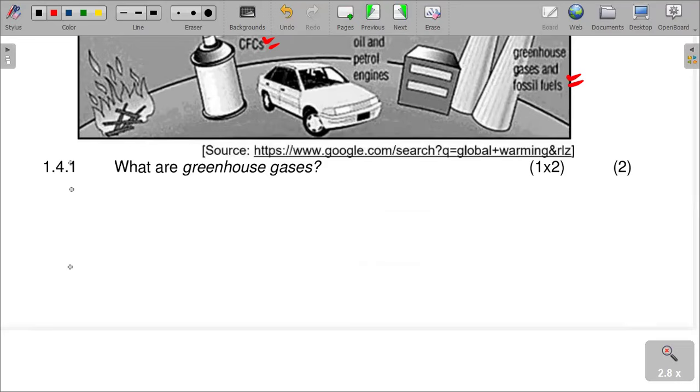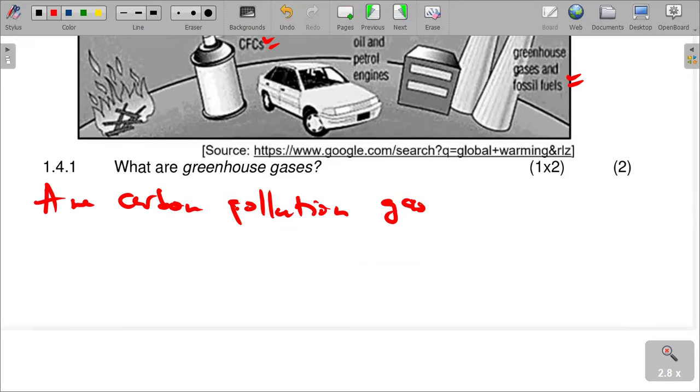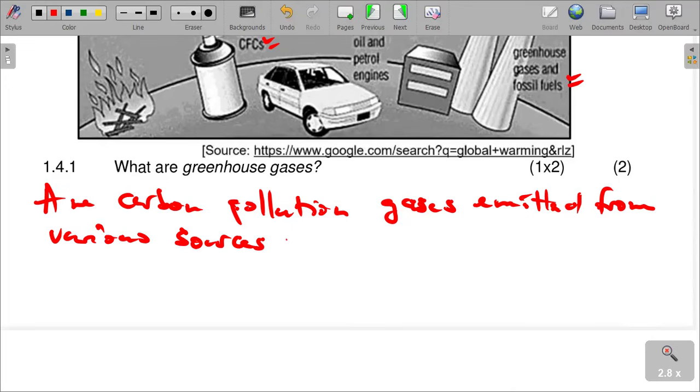Greenhouse gases are carbon pollution gases emitted from various sources into the atmosphere, which causes global warming.